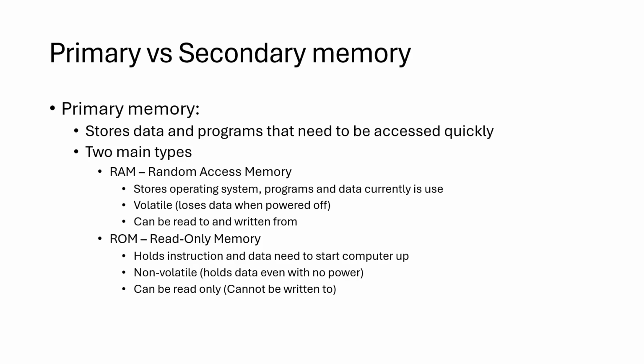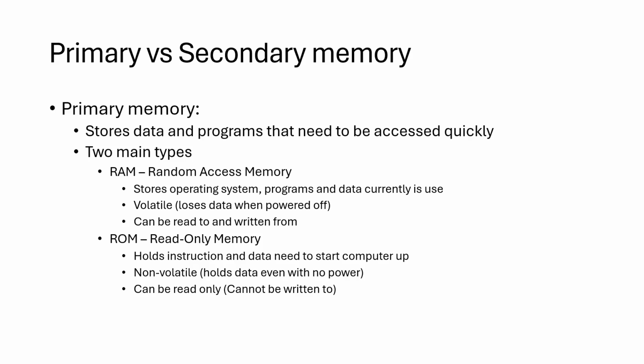And the other type of primary memory is read-only memory. Read-only memory tends to be a small amount of memory you have in your computer, and this is used for when the computer first starts up. It reads this and it contains a small program and data needed to start your computer up and point it towards the main operating system.